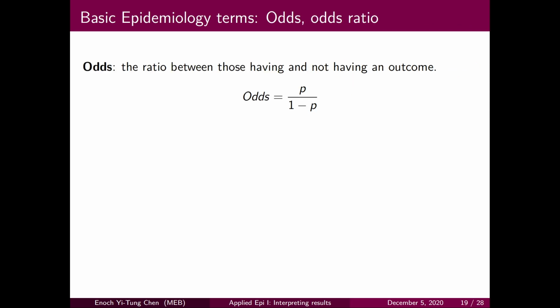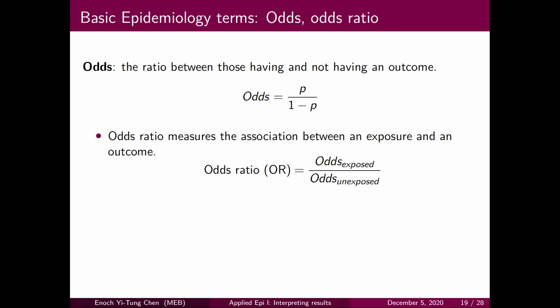Let's move on to odds. Odds is a ratio between those having and not having an outcome. Given the probability of having an event is P, then odds would be P over 1 minus P. It needs to be a binary outcome. And odds ratio measures the association between an exposure and an outcome.